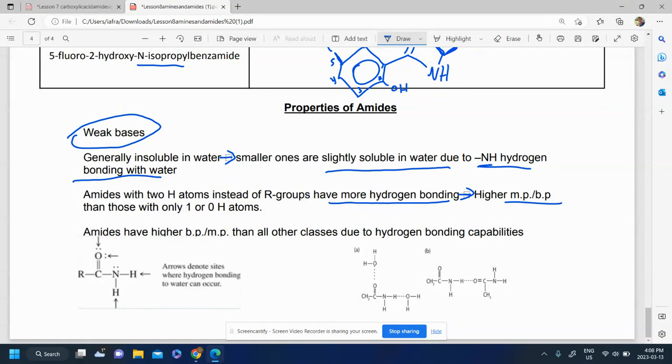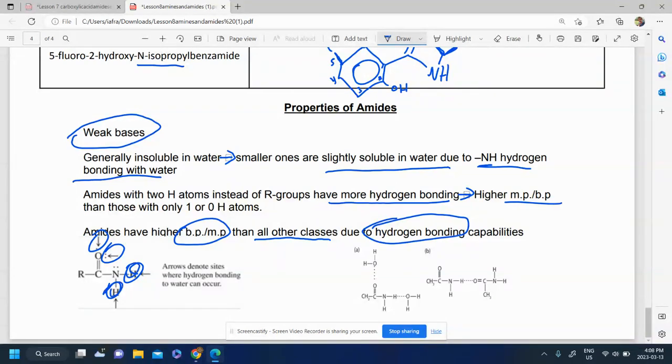And what's interesting is that amides actually have higher boiling points and melting points than all other classes of molecules because of their hydrogen bonding capabilities. They have hydrogen bonding capability basically here, and in these regions over here as well. So they can do a lot of hydrogen bonding, even though it's not like the powerful OH hydrogen bonding, they have a lot, and that makes up for it.